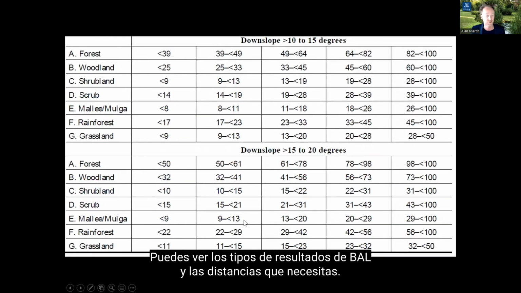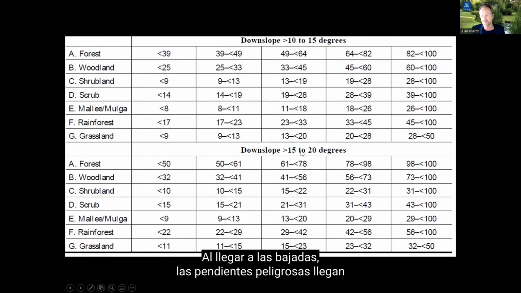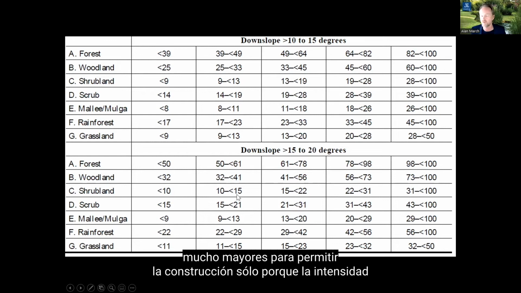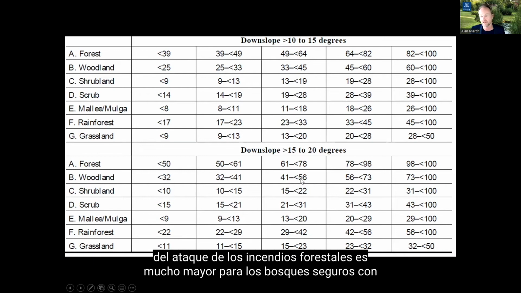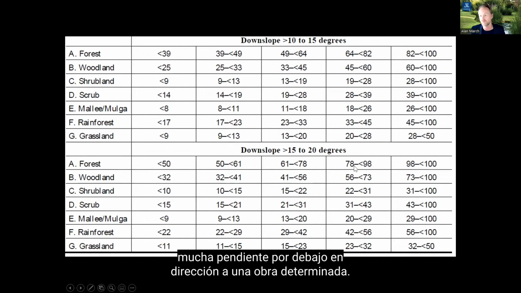And you can see the kinds of BAL outcomes you get and the distances you need as we get to down slopes, the dangerous slopes up to 20 degrees. Much greater separation distances are required to allow construction just because the intensity of the bushfire attack is so much greater for, say, forest with a lot of slope underneath it heading towards a given construction site.